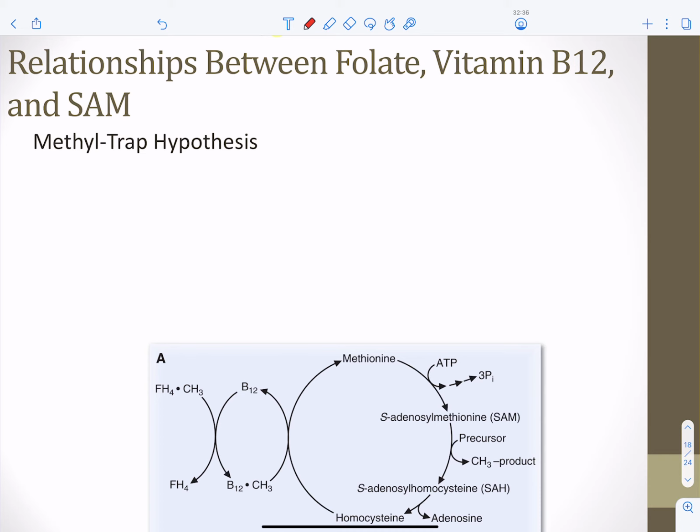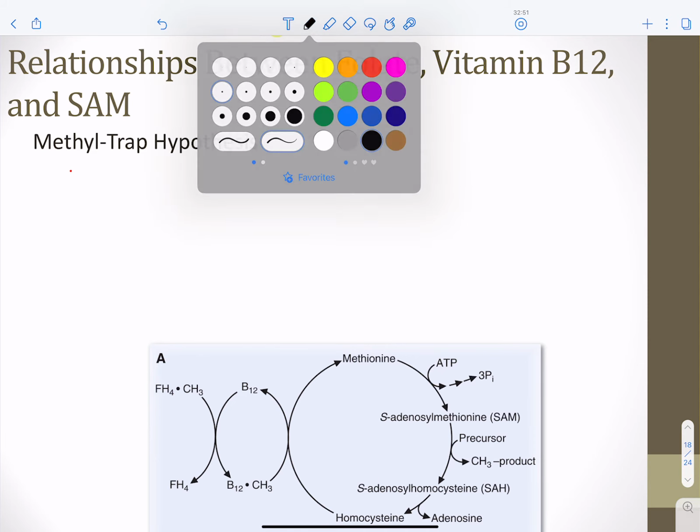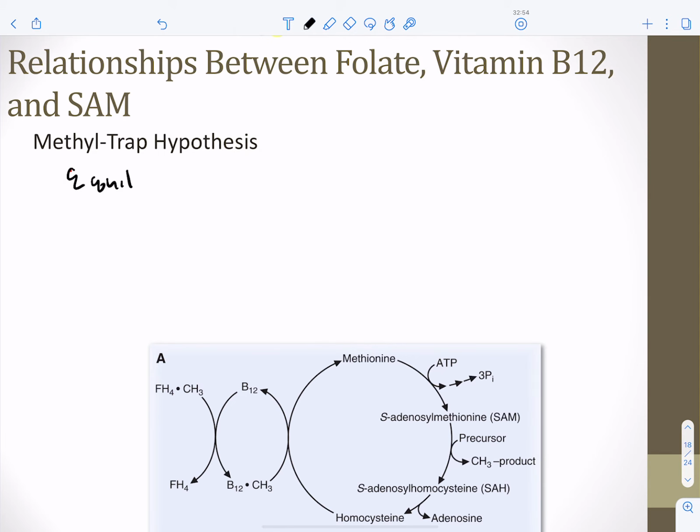There is the methyl trap hypothesis. So within the folate cycle, the equilibrium lies in the direction of N5-methyl tetrahydrofolate. Let me change this. And this, of course, is the most reduced, as I've said.